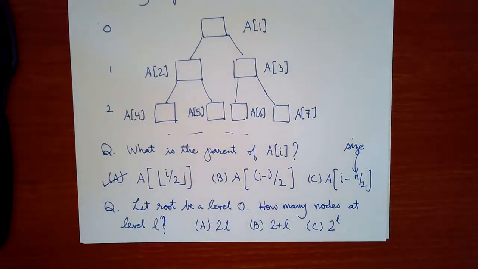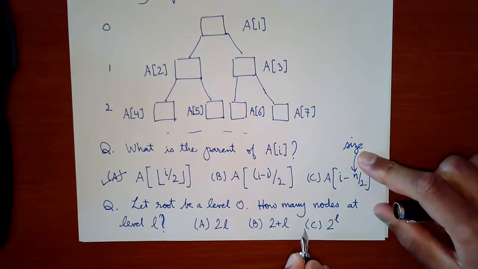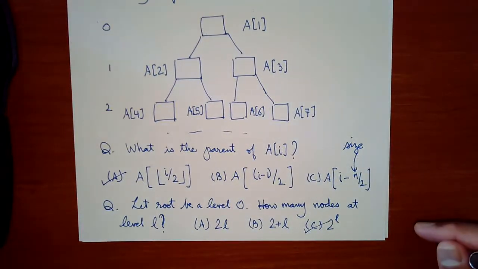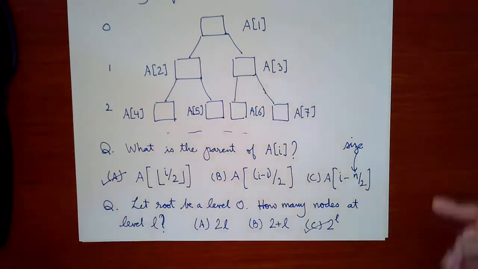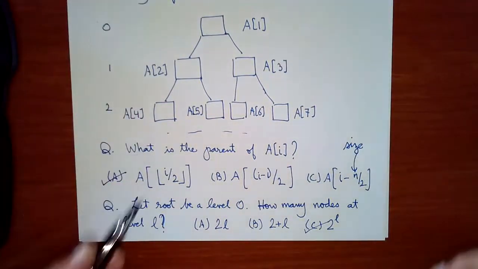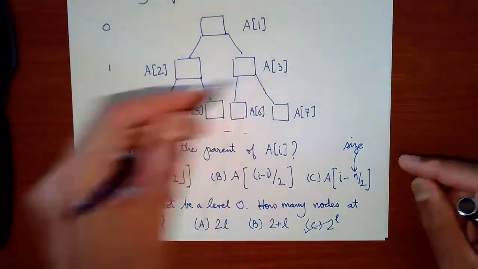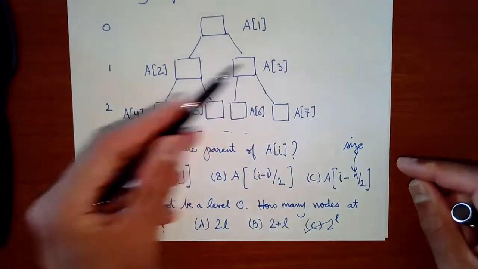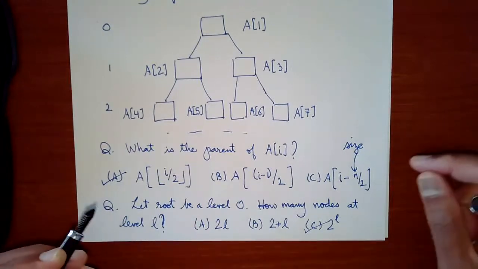Okay, good. So I think most people see that the size is 2 to the L, which again is not surprising. It's a binary tree, so the number of nodes at each level is growing exponentially.